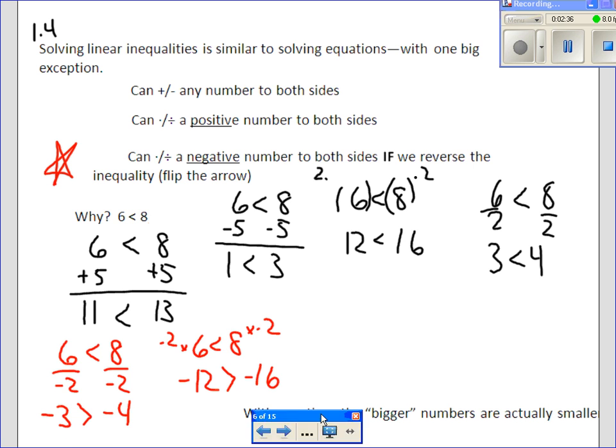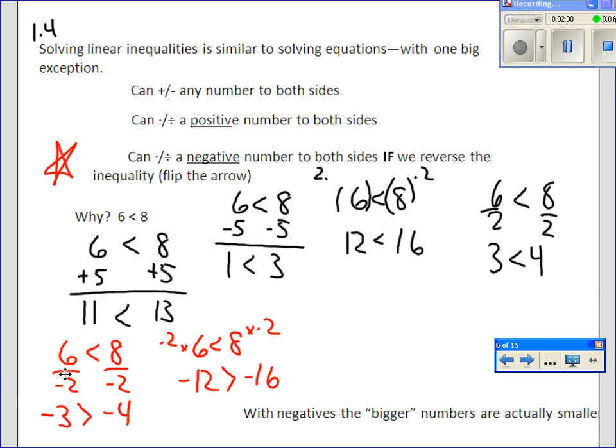But if we look over here, take 6 less than 8, divide both sides by -2, we get -3 and -4. Now if you think about it a minute, -3 is bigger than -4. Think about temperatures. -3 is warmer than -4 when you're talking about degrees Fahrenheit or degrees Celsius.